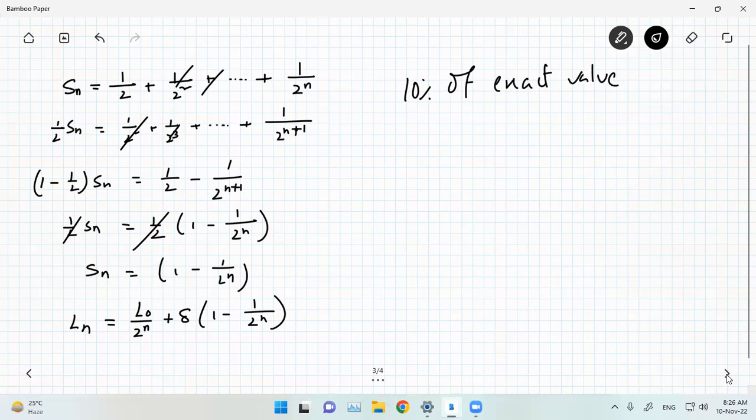So what it means is basically that for the final interval that we're going to get, we have to take half of it. So half of the final one, half of Ln, with the ratio of the first given interval, this one has to be less than 10%.